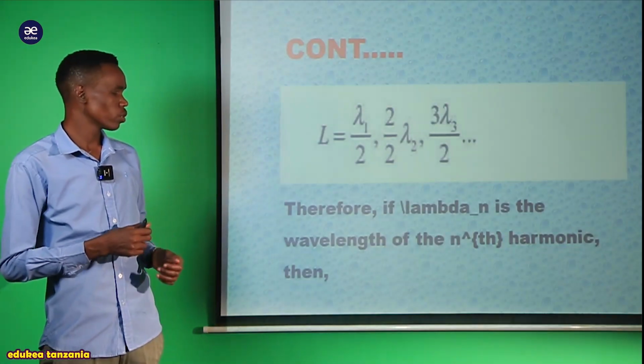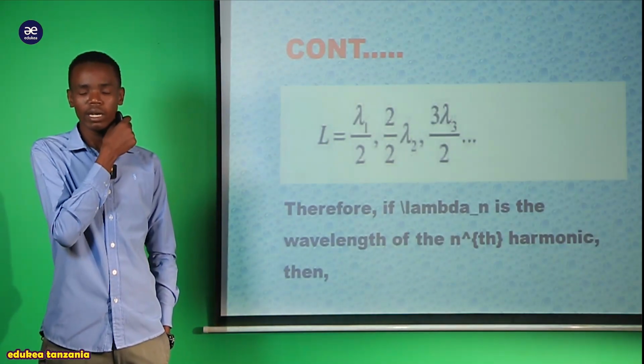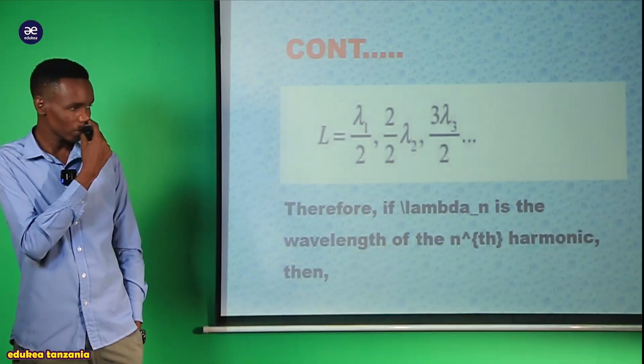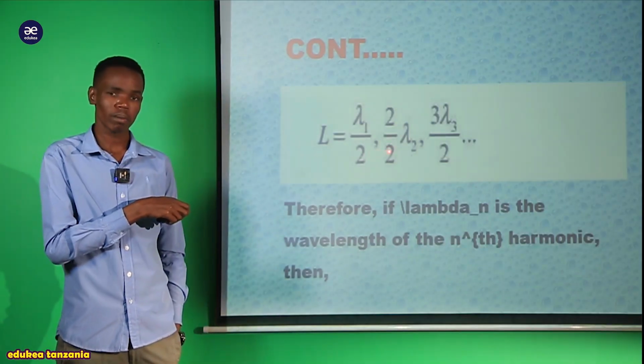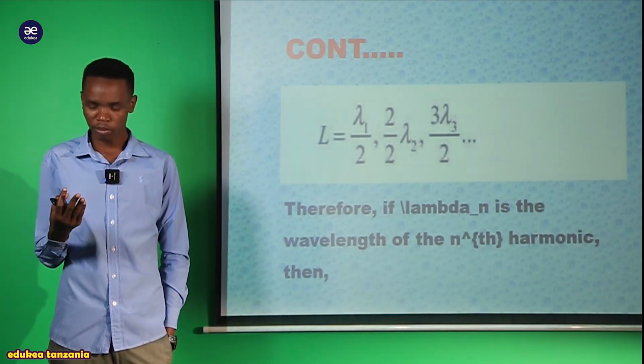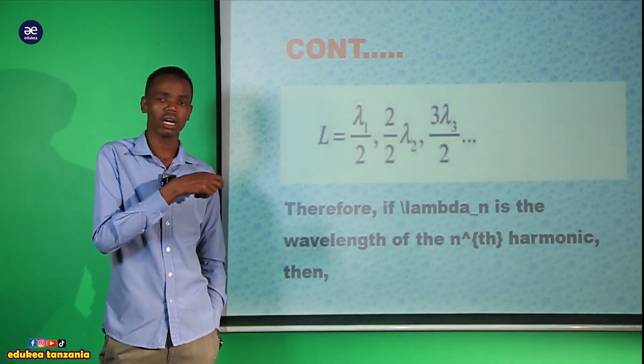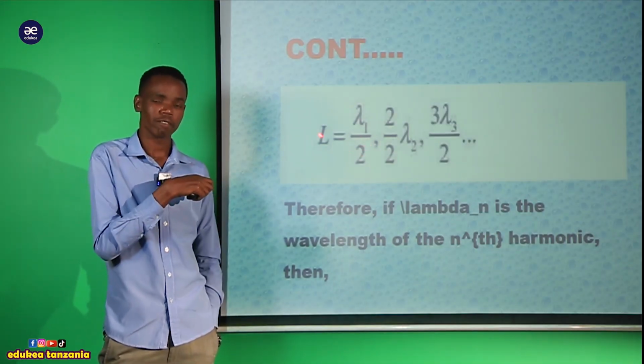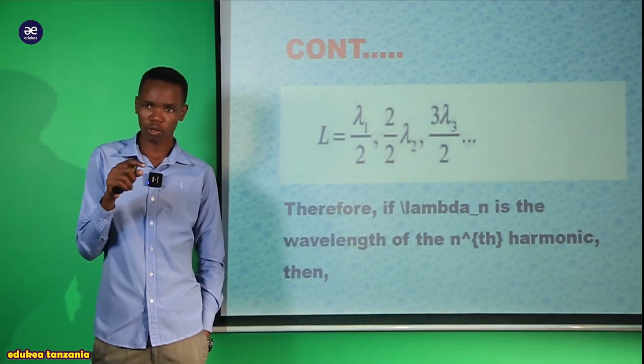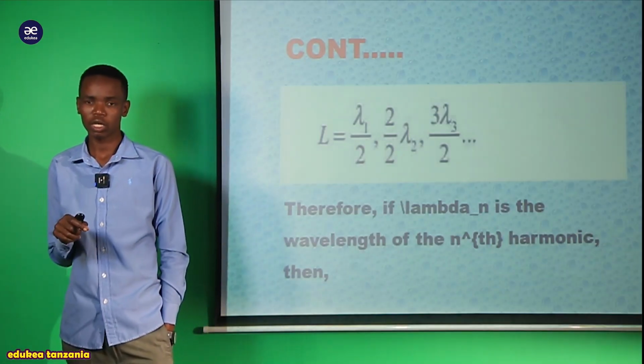So there we should say that now the length must be equal to the wavelength. It means kwamba kwenye first harmonic, tuweze kumpata yule length atakuwa ni sawa na wavelength 1 divided by 2.